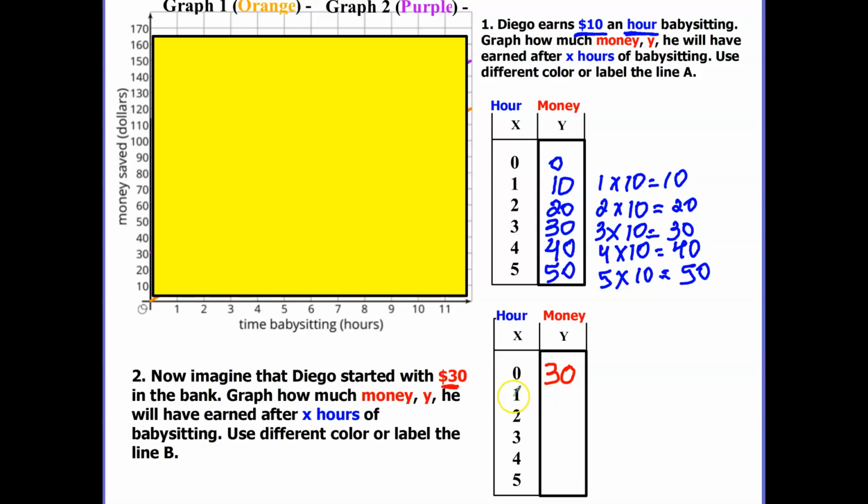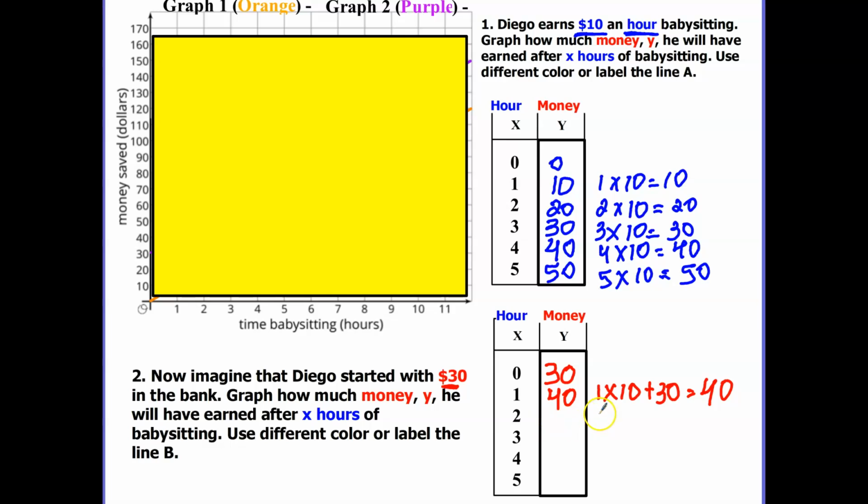For here, he worked 1 hour. So 1 times 10 is 10, and then we add 30 because he already had $30 in the bank. So 10 plus 30 is 40.